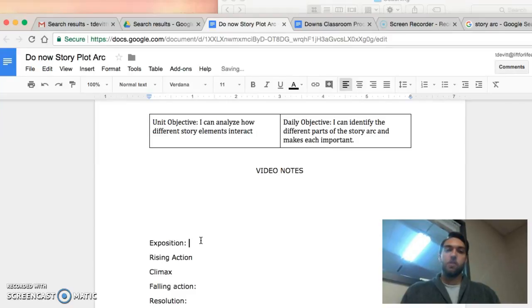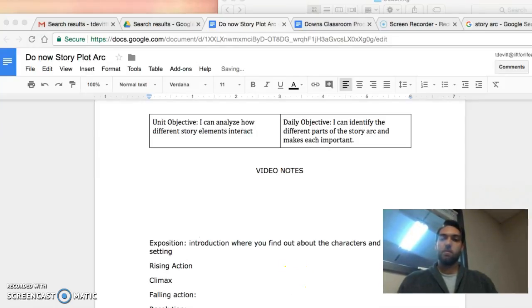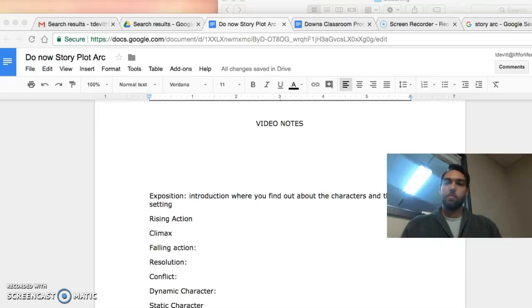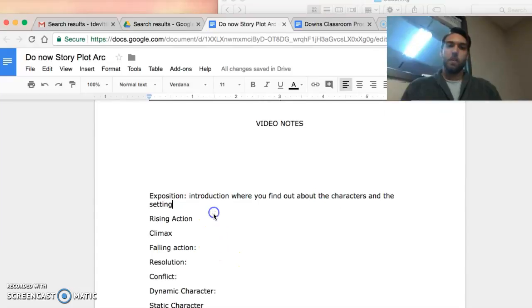So for the exposition, this is kind of like the introduction, where you find out about the characters and the setting. The next piece is the rising action.